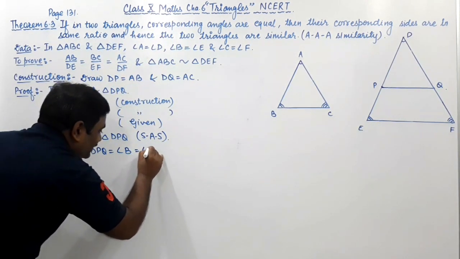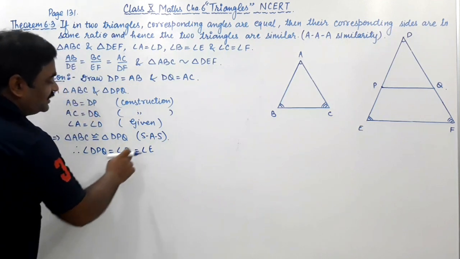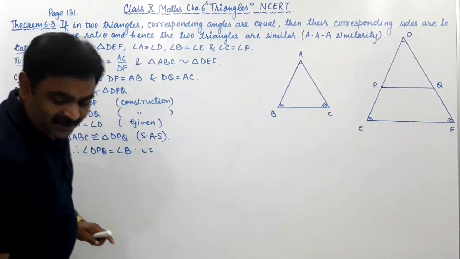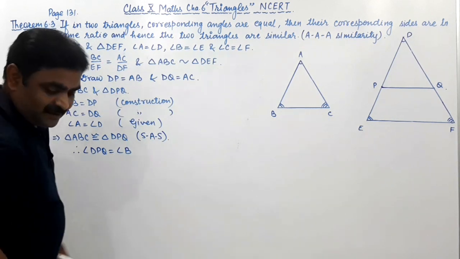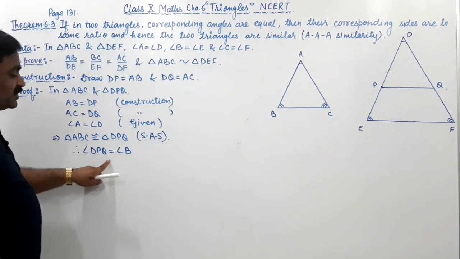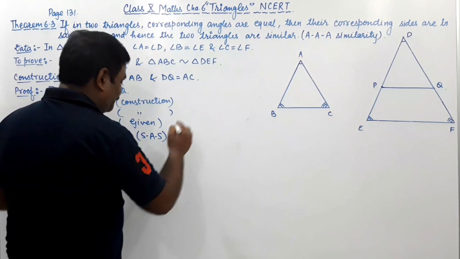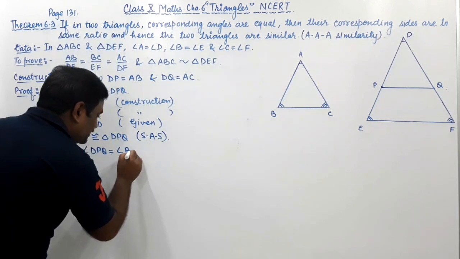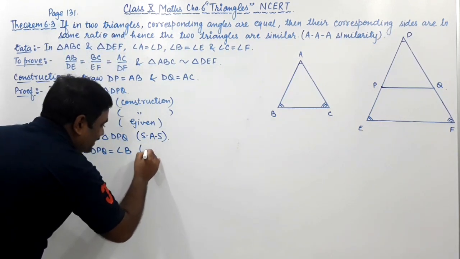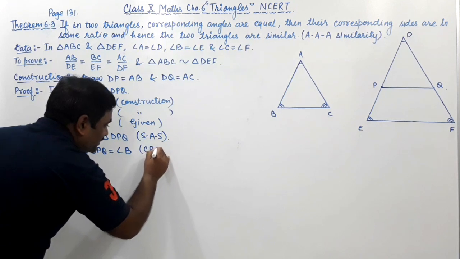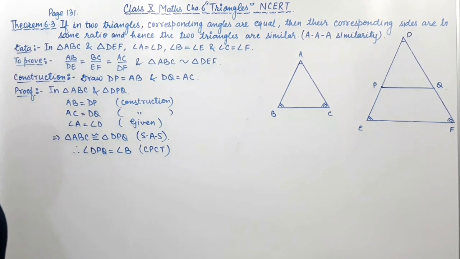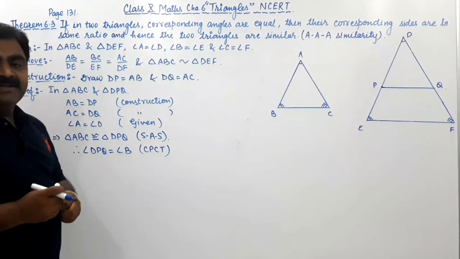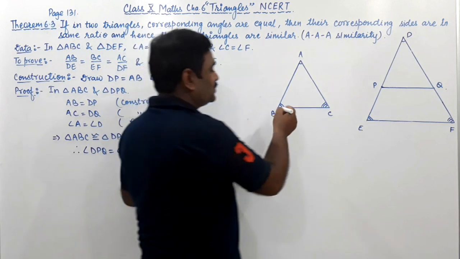Why is angle DPQ equal to angle B? Because by CPCT, means corresponding parts of congruent triangles. As angle DPQ is equal to angle B, means this angle is equal to this.